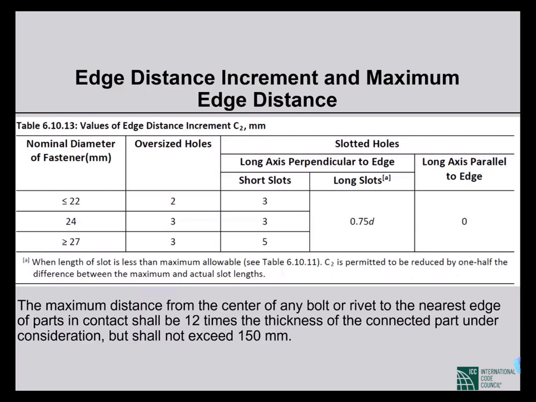So the distance of that connected part from the edge should not be more than 12 times the thickness of the connected part. Okay. This is important when we attach bracing with a gusset plate. Then in the gusset plate, from the edge of the gusset plate, what should be the distance to the bracing? We should follow these recommendations.